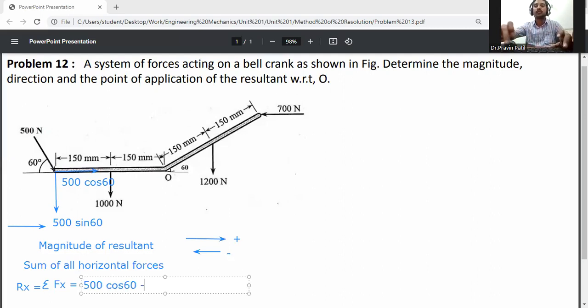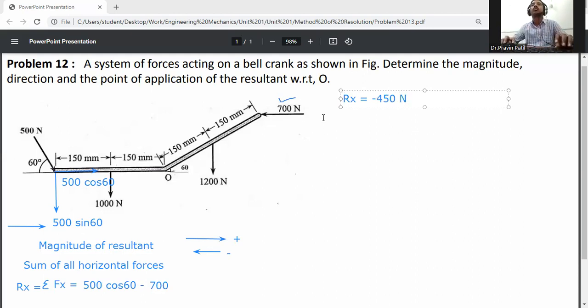Then minus 700, this load is 700, going left side. So Rx is equal to 500 cos 60 minus 700. So it will be minus 450 Newton.